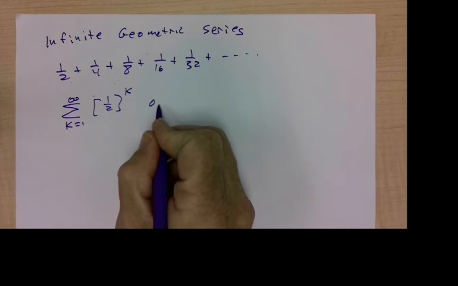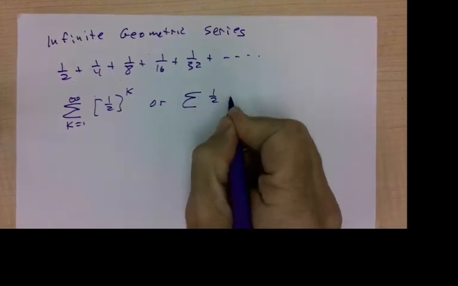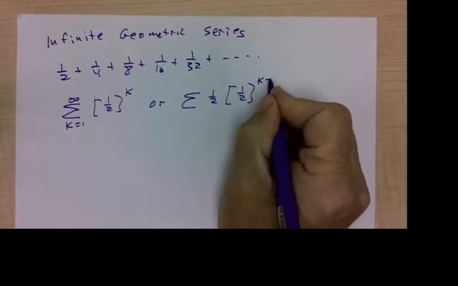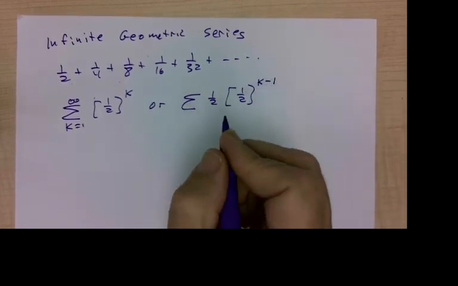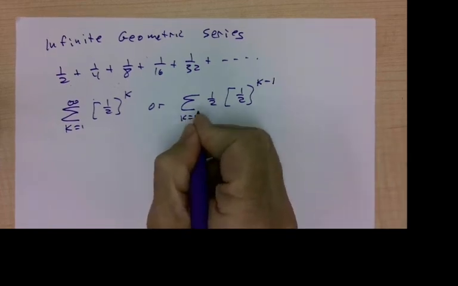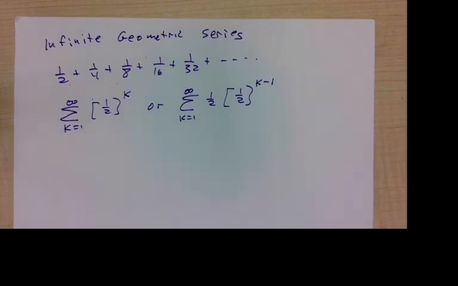Or you could say our starting term is 1/2, and our common ratio is 1/2 to the k minus 1 as k goes from 1 to infinity, fitting our previous model. But you can see the advantages of looking at it that way.